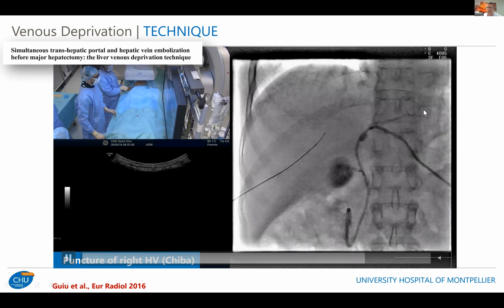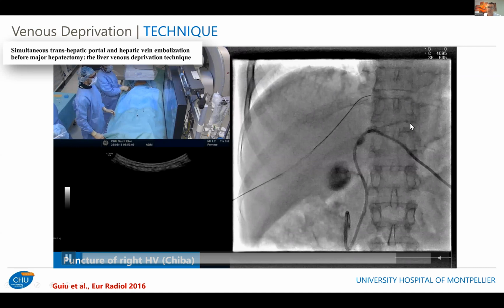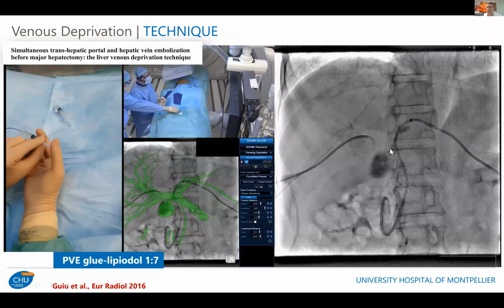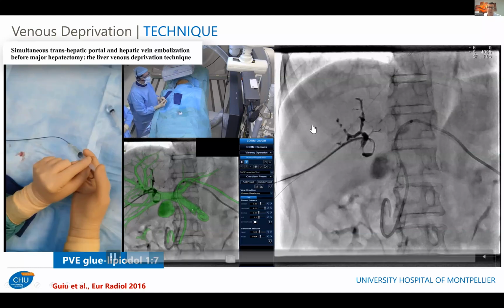The problem is that most of them, not all of them, but most of them arise from the very distal part of the veins. So if we want to avoid them because they will circumvent the plug, making its deployment useless, if you want to embolize them, we need to use liquid agents in addition to the plug.